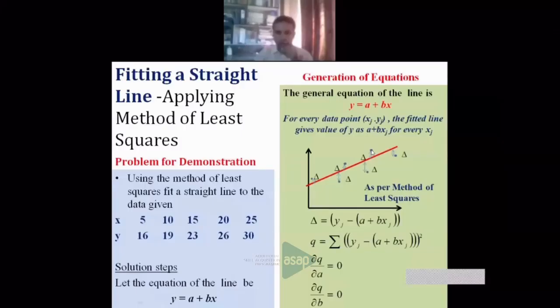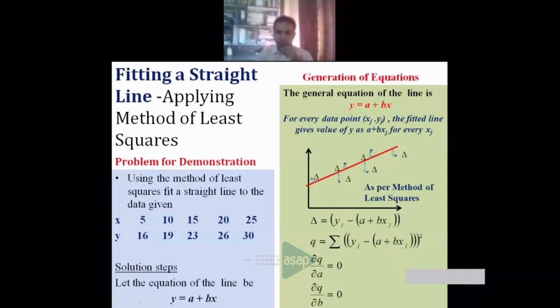Through this I've fitted a line y equals a plus bx. For every x value, this line will give a y value. So if you take the x value xj of a data point, that xj will also give a y value on the line.